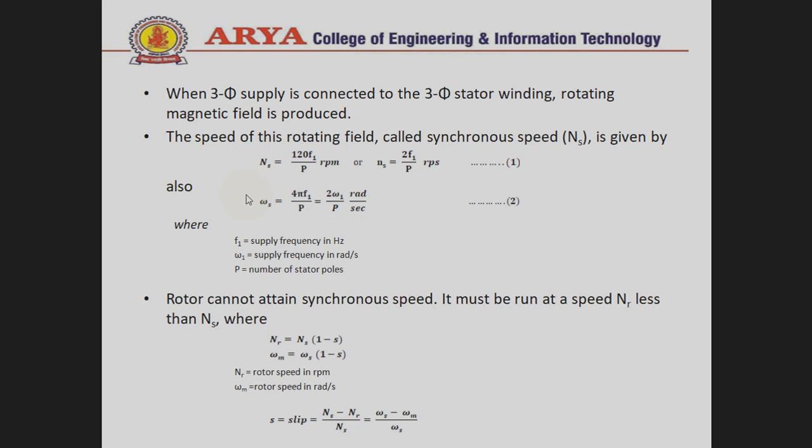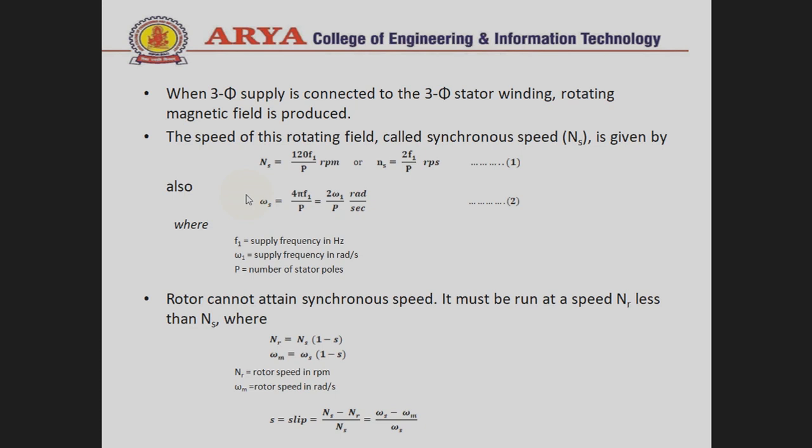The induction motor runs at approximately constant speed from no load to full load, and the speed is less than the synchronous speed, and its operating principle is based on the rotating magnetic field.